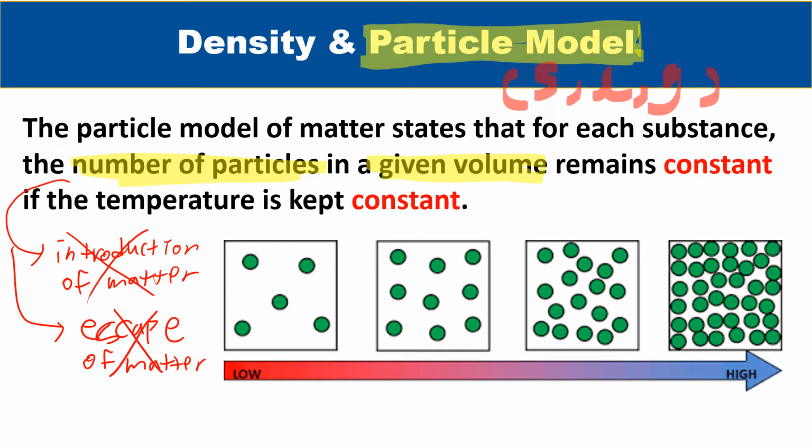Some people may wonder, what do you mean escape, Mr. Kim? An example can be evaporation. We are not letting those happen. So think about this environment as a closed environment.